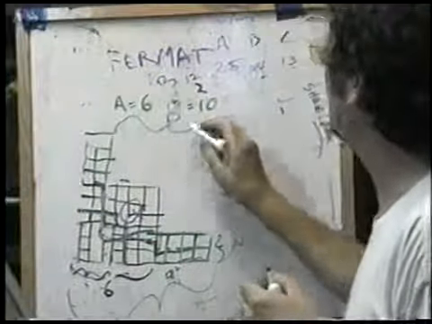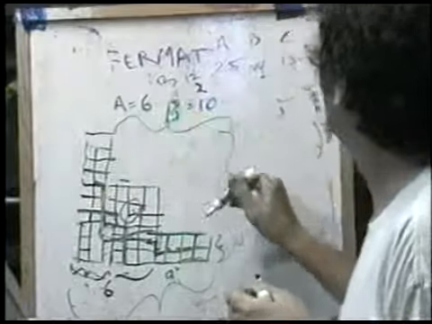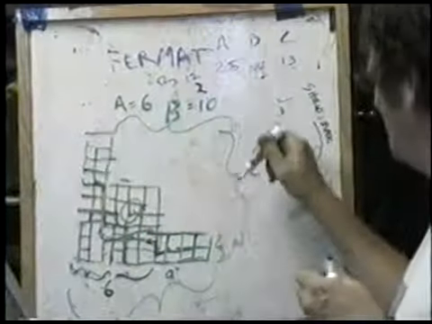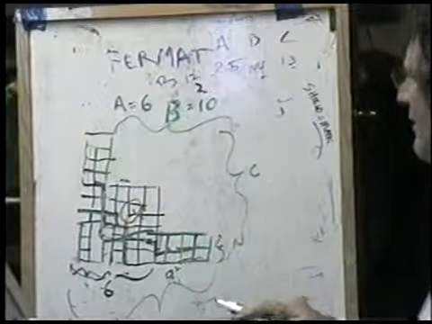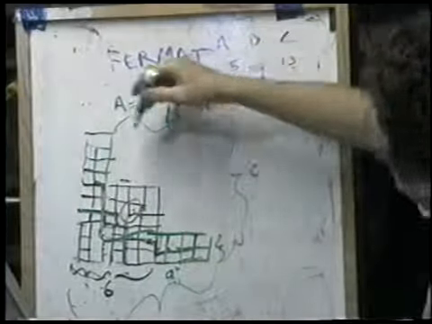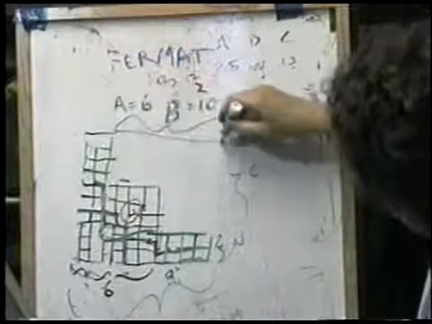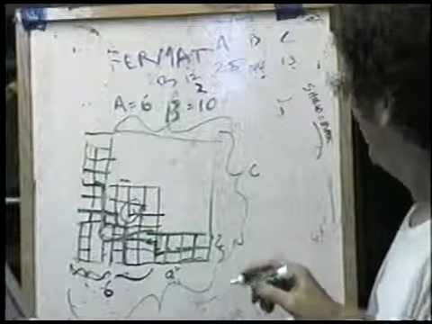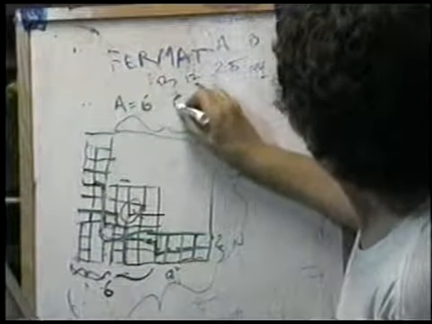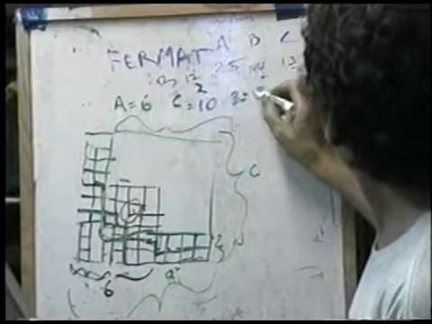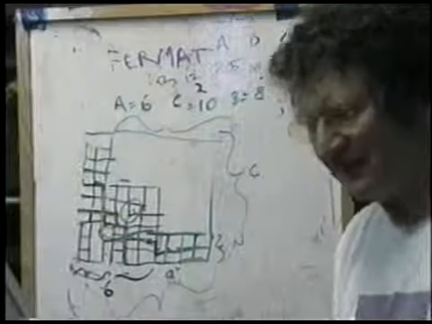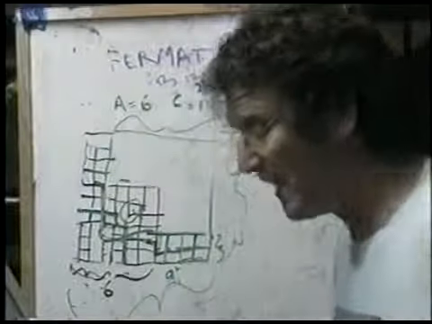Well, I was cheating. It's really C minus N. So B is your C value minus N. See? C minus N gives you your B. And so you get A equals 6, C equals 10, B equals 8. 6, 8, 10. That's the first way to generate more Pythagorean triples.